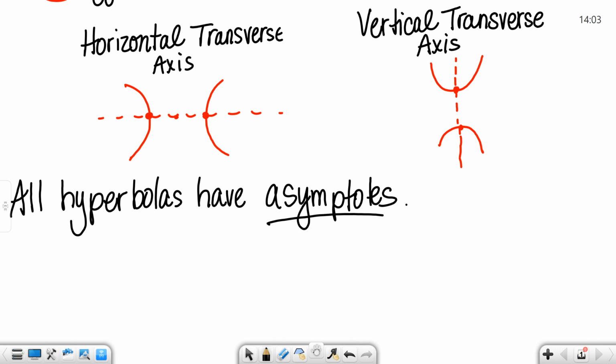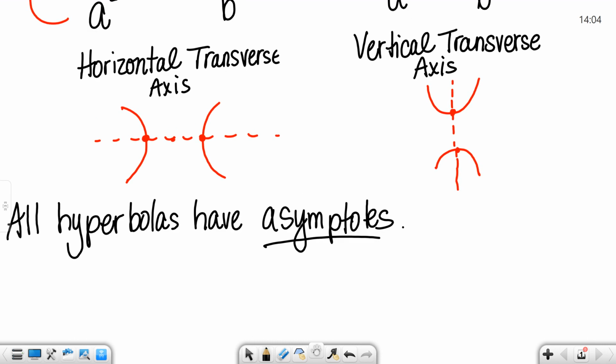So for all of our horizontal asymptotes, we end up with y minus k, okay, these are our asymptotes, is equal to plus or minus b over a times x minus h.